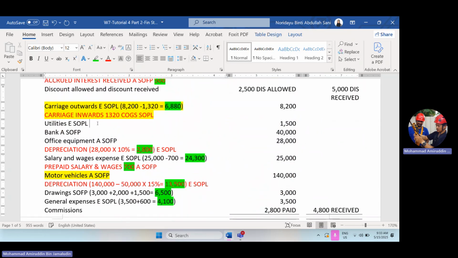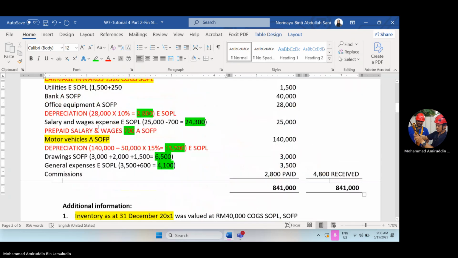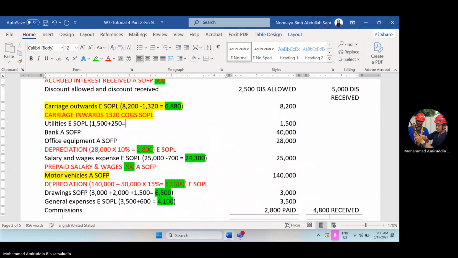Find your utilities in the question. I have 1,500. And then I plus the outstanding 250. $1,750. So 1,750 we send to the SOPL.